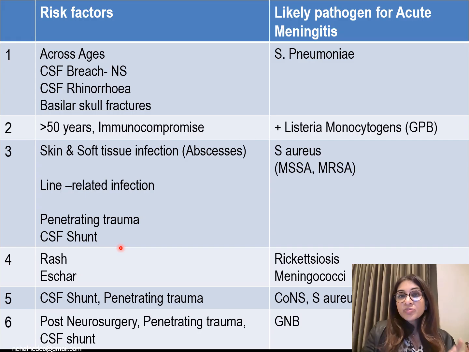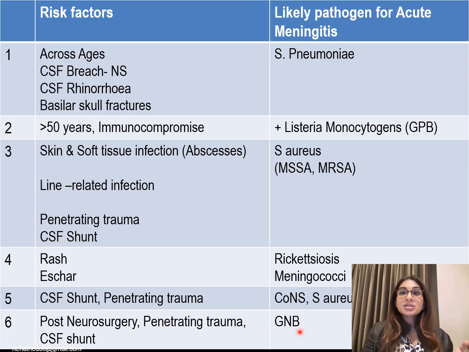A patient presenting with acute meningoencephalitis, acute febrile illness with rash, eschar, rickettsiosis, meningococci should be a possibility. CSF shunt, penetrating trauma, infections with Coagulase negative Staphylococcus, Staph aureus, gram-negative pathogens should be considered.